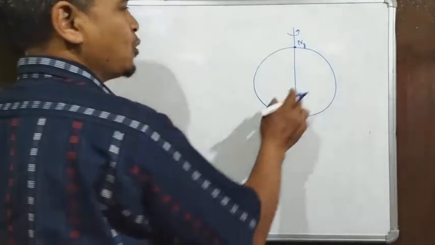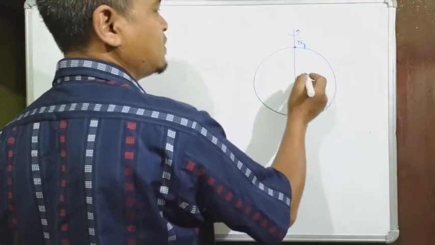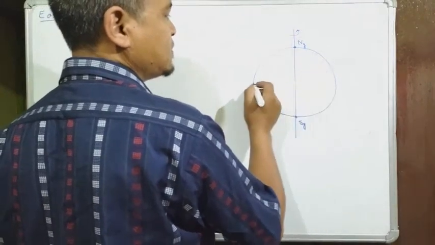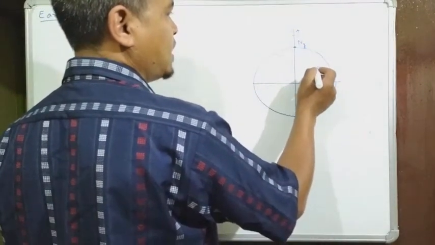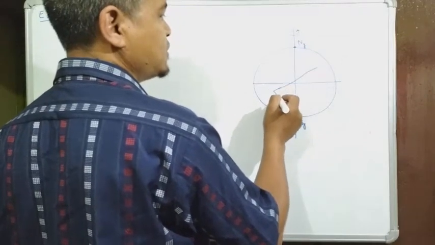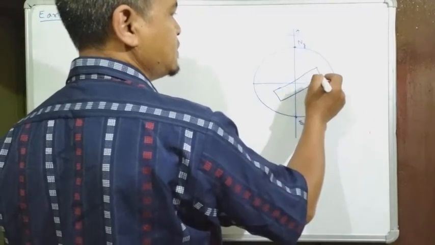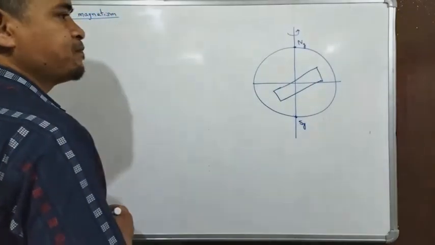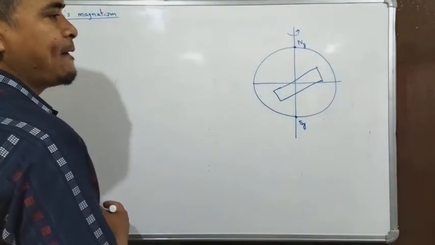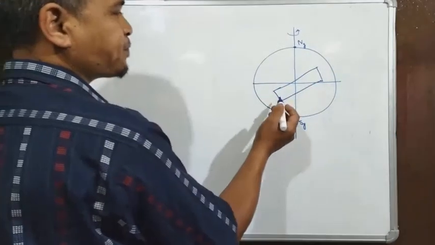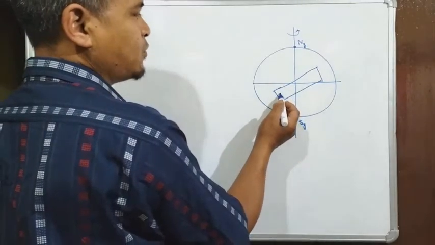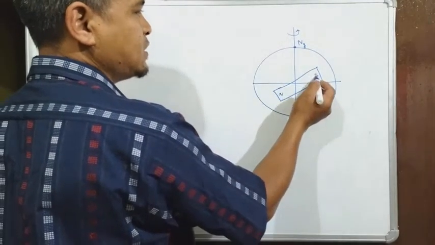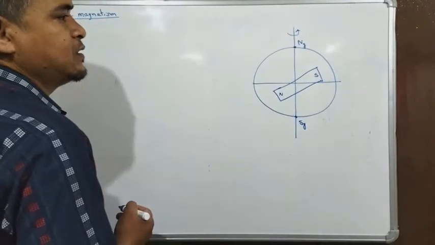Here we will imagine that there is a bar magnet lying at the center of the Earth. Let's say this is the north pole of the magnet and this is the south pole of the magnet.